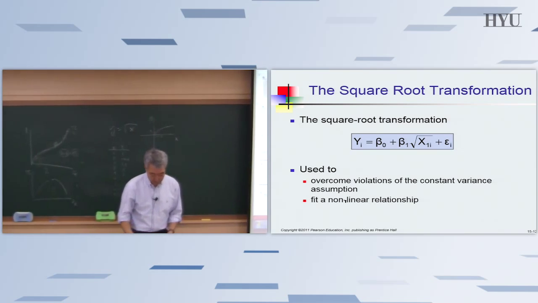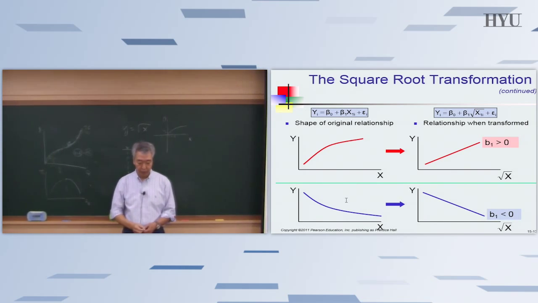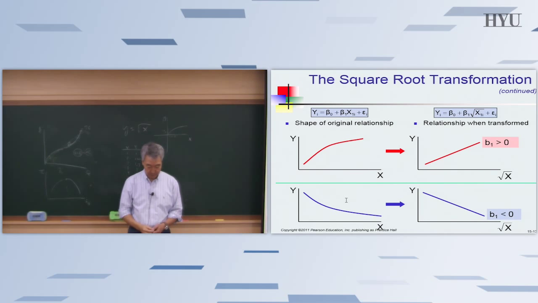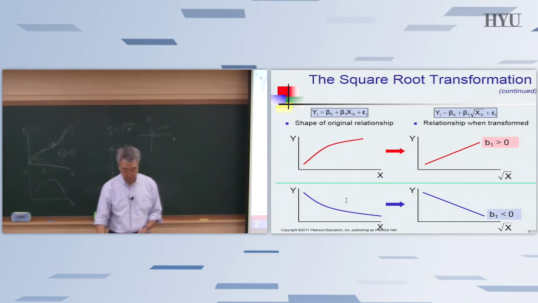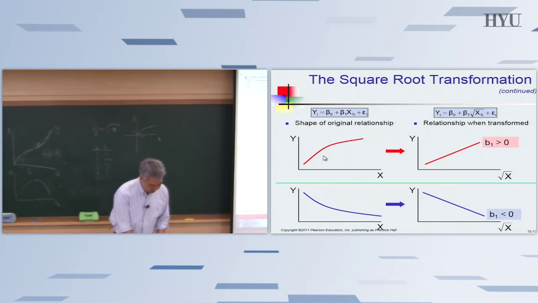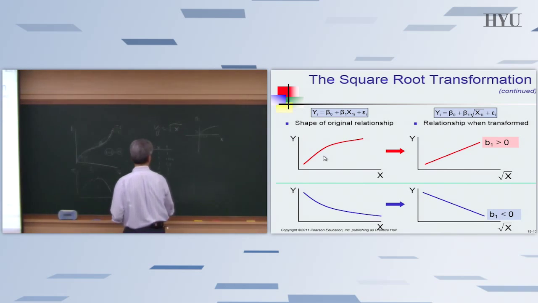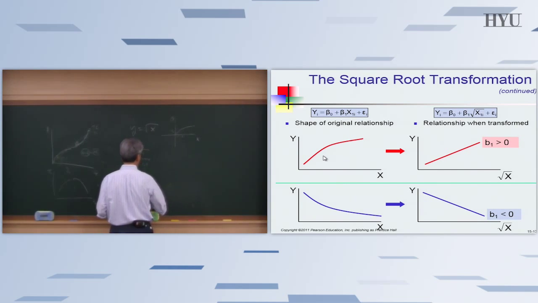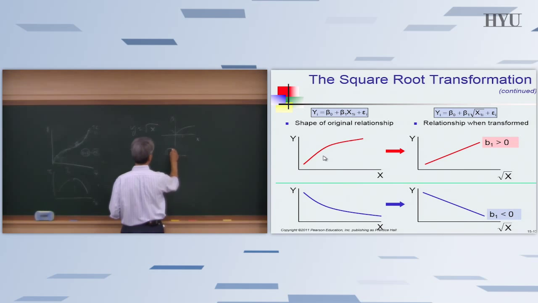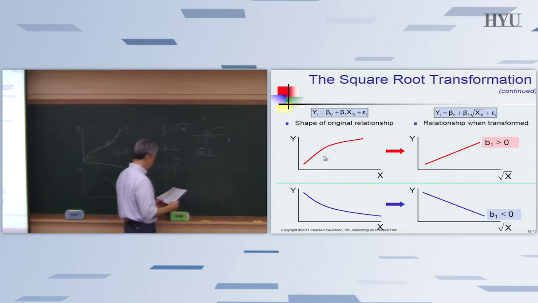So we have the original relationship like that. If y is the square root of x, then we have this kind of relationship, right? Then what we can do is think about the relationship between the square root of x and y.